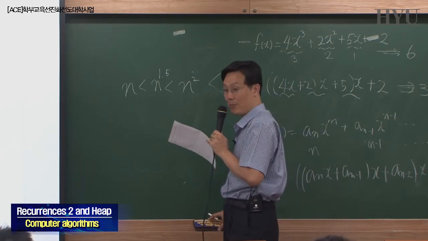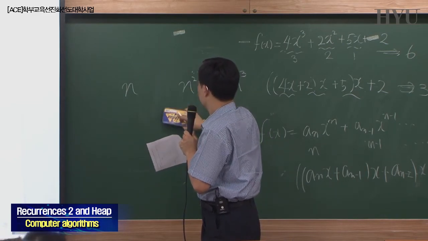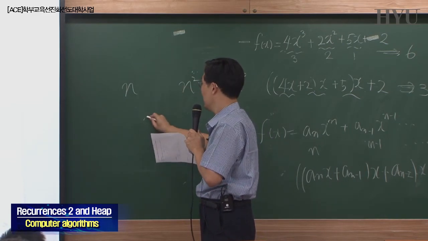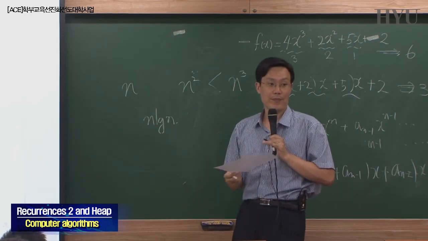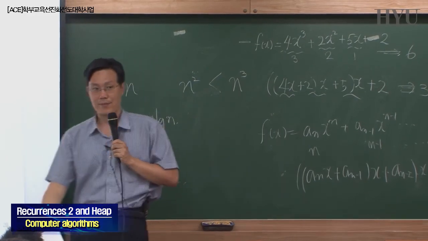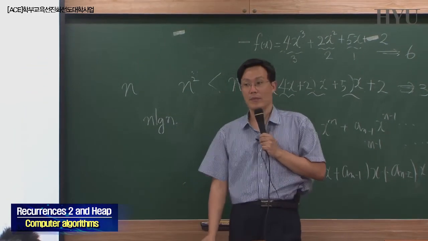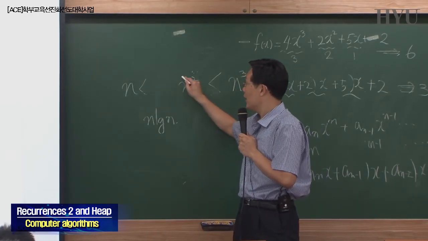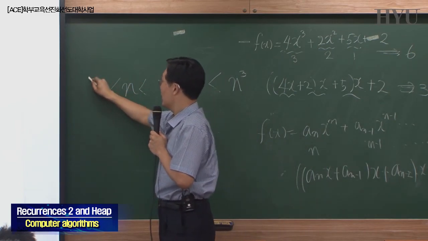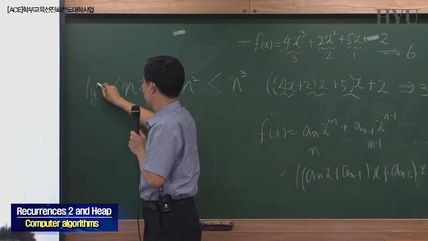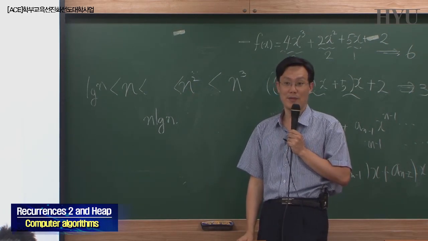Okay, then it's simple up until now. How about this? N log n. It's between n and n squared. Because log n is smaller than n, this is between these two polynomials.